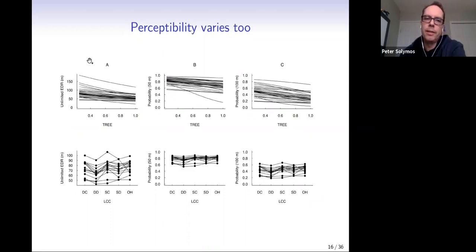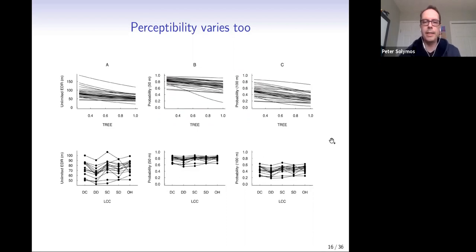And that is also modified by, for example, tree cover or land cover types. This is dense conifer, dense deciduous, sparse conifers, sparse deciduous, and open habitat. You can see across these habitat types there's a certain pattern that the probability of perceptibility follows. If there is more tree cover, this probability drops down. Same goes in dense forests.